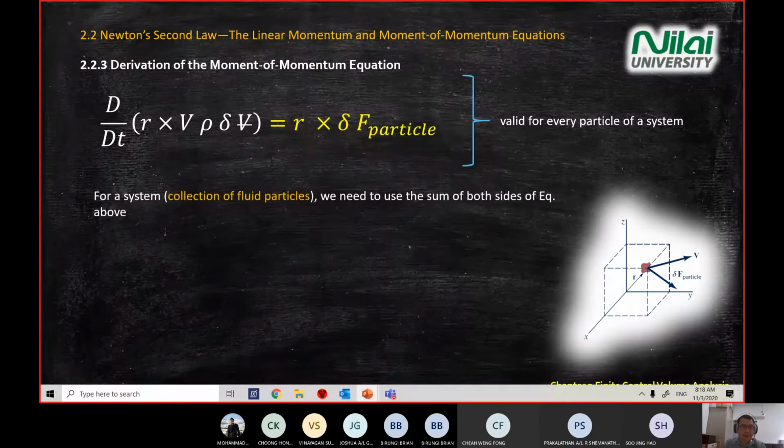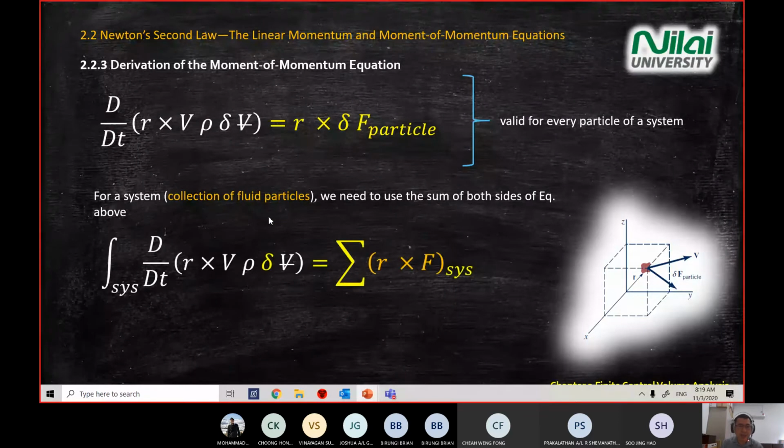All right. So as we mentioned just now, to get the total of what happens in the system, we just integrate. We integrate the left hand side term, and we get the total momentum inside the system.